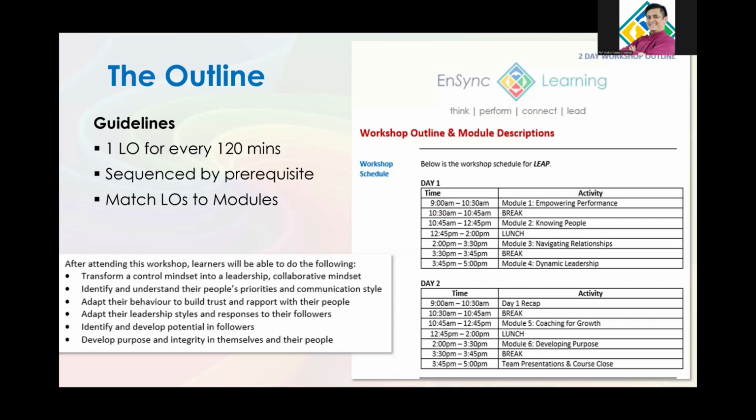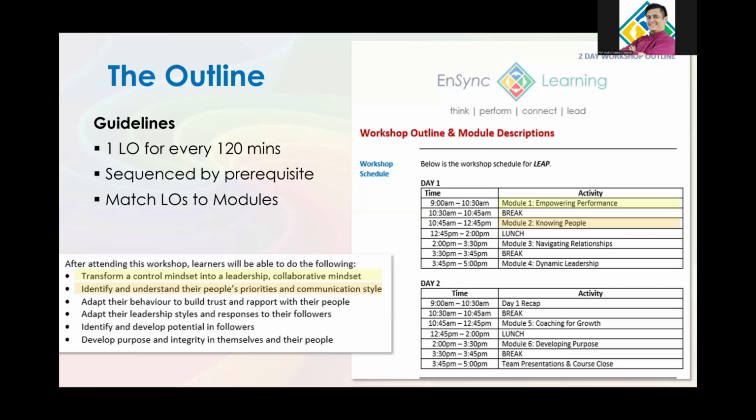I'm color coding them. I want you to see that the same color is the learning objective that's being matched to the module. So, for example, if the learning objective is transform a control mindset into a leadership collaborative mindset, what could we name that module? I call it empowering performance. Identify and understand their people's priorities and communication style.